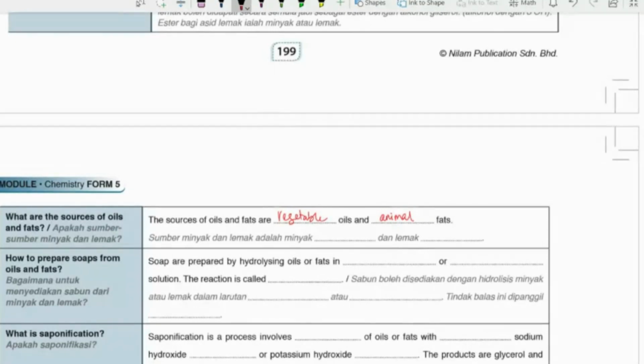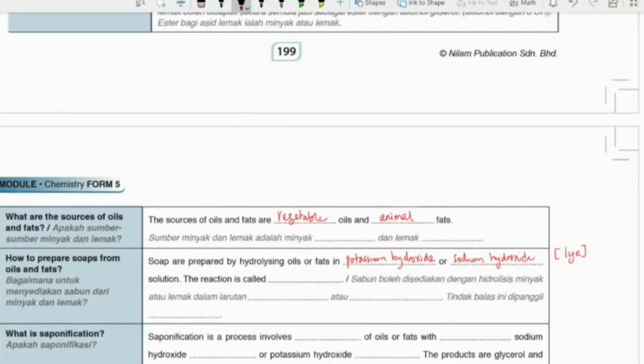Soaps are prepared by hydrolyzing the oils or fats in potassium hydroxide or sodium hydroxide. These two are strong alkalis. Sometimes in the common name you can see the word lye, L-Y-E, but in the lab we call it sodium hydroxide.